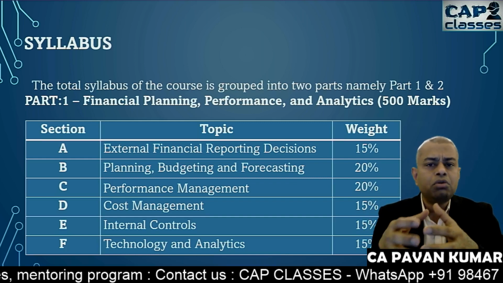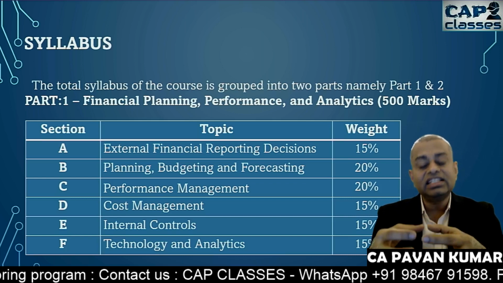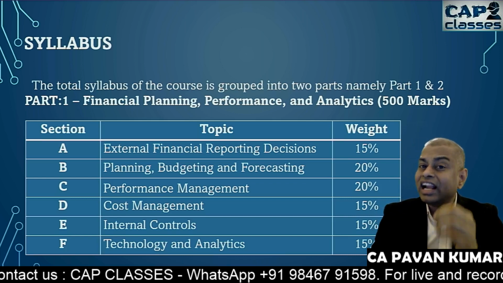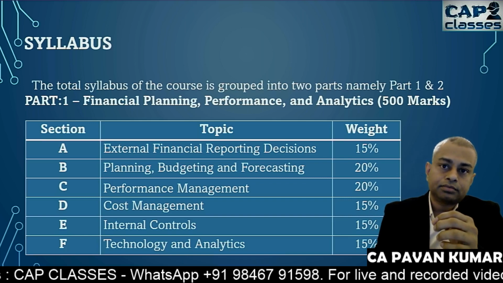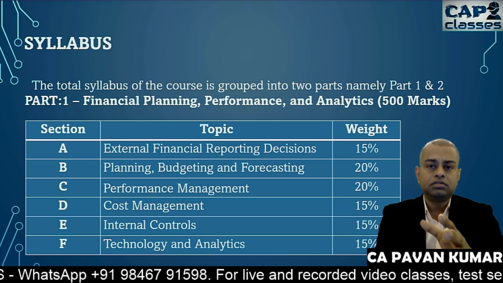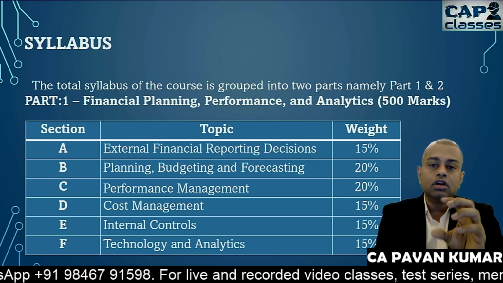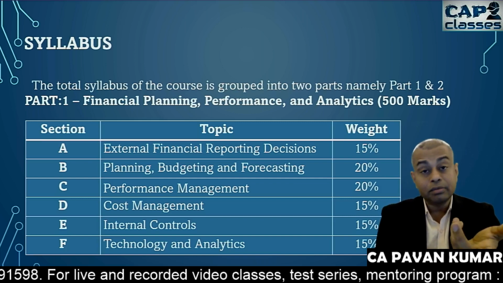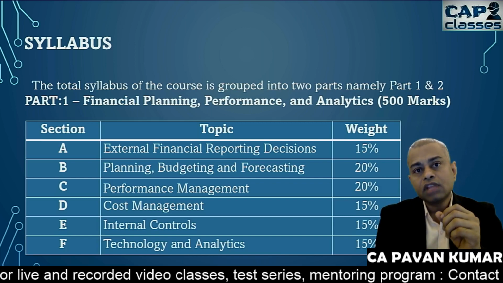So basically it is about compiling data, analyzing data and the ability to make the right decision at the right point of time. You understand? So for example, look at Coke. How many Coke tins are to be manufactured? That is a management decision.